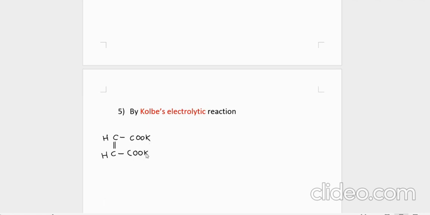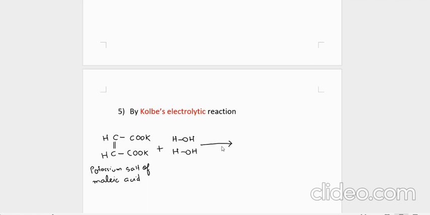So this is potassium salt of maleic acid. It reacts with two molecules of water, so you have HOH and the second HOH.